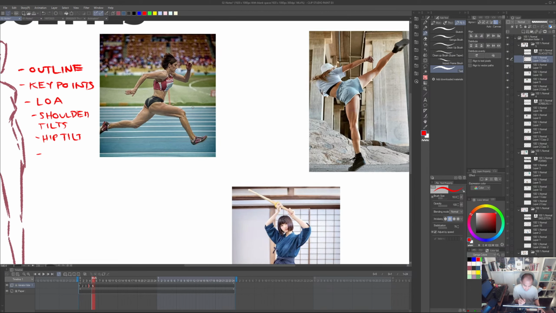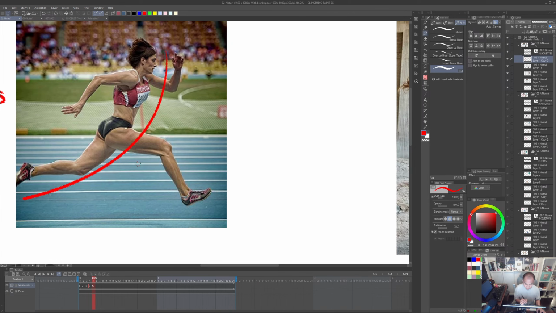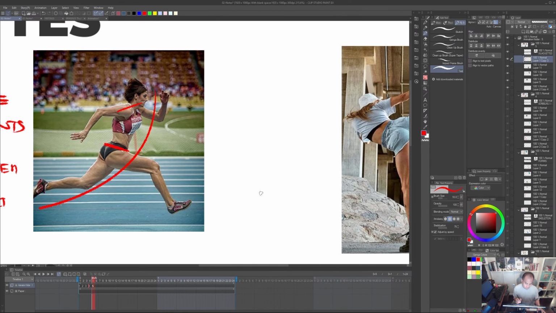Okay, so over here we can see a clear line of action right there, right? And with something like this, you can see clearly defined action poses right now.